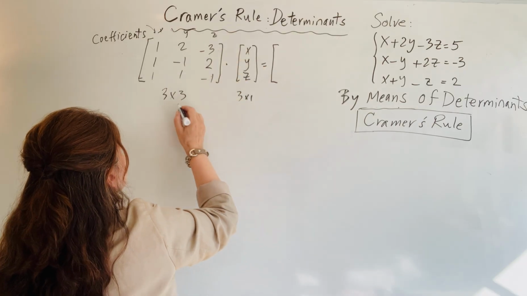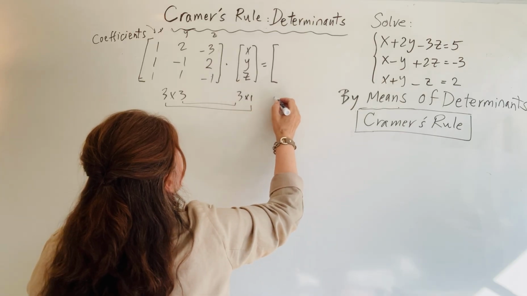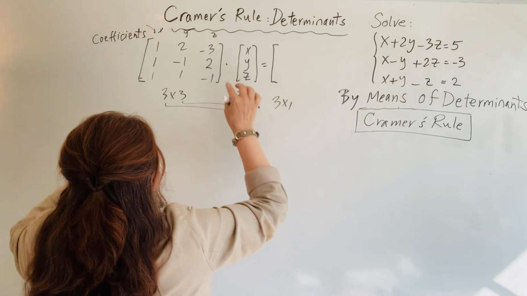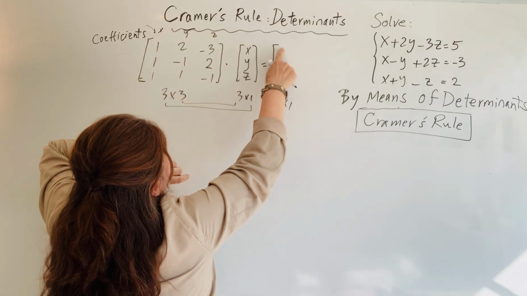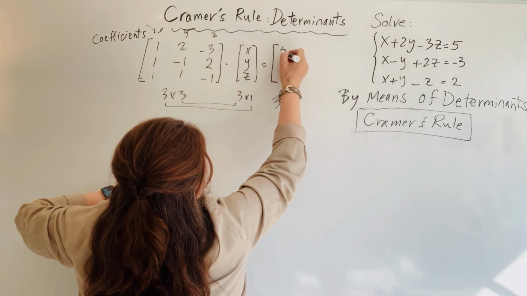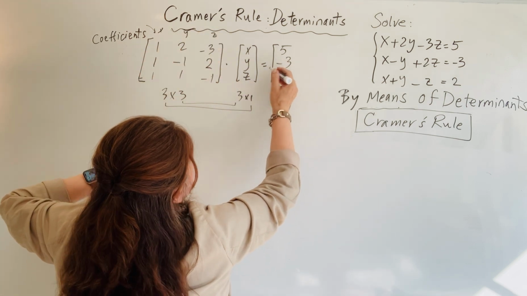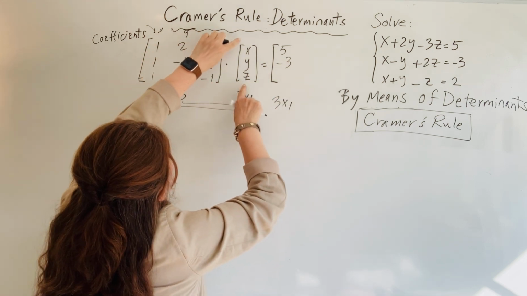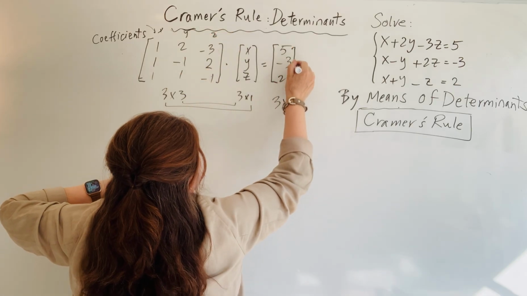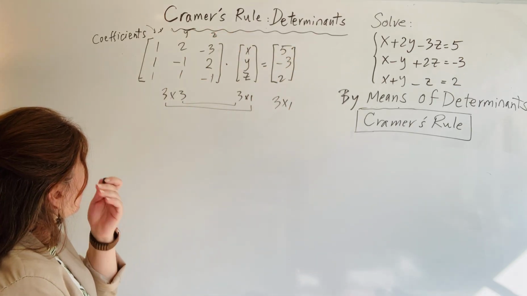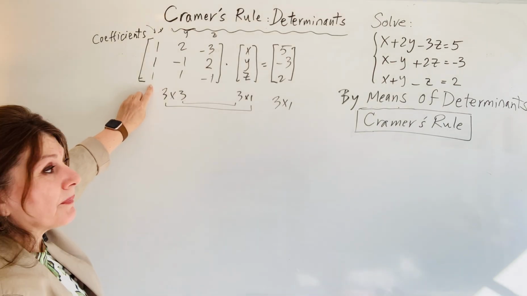The inner 3 and 3 are the same, so the answer is 3 by 1. This row multiplied by this column and added gets 5. The next row multiplied by this column gets negative 3. The last row gets 2. These are the constants.